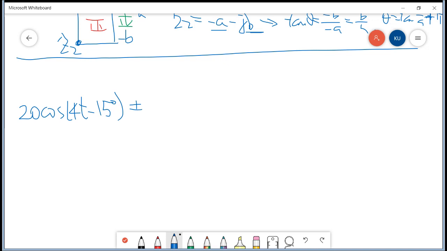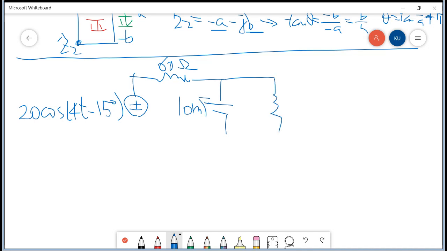So this is a voltage source, and this is a 60 ohm resistor and a capacitor, 10 millifarad, and the inductor is 5 Henry. And this is VO.